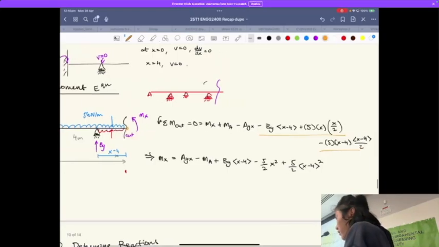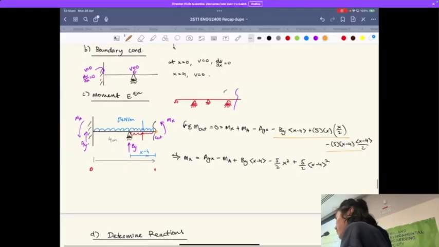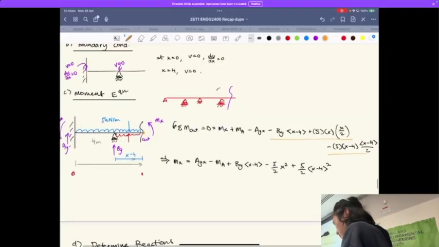Now for the cantilever, it's the magnitude of the UDL, which is 5x. Wait, but don't we know? No, we're extending the UDL. Oh, why? Because it's too cursed if you don't do it.